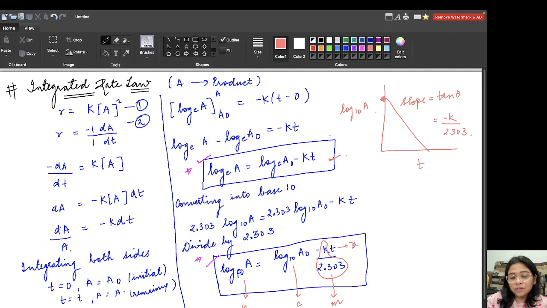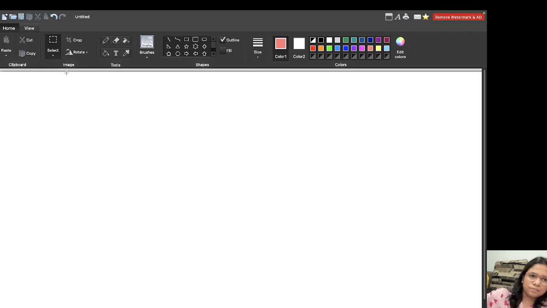Now what will be the other forms of rate law? Whatever two formulas or two equations we studied are not usually used in the numericals.